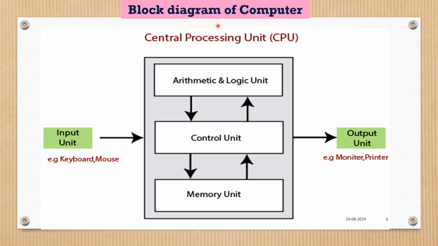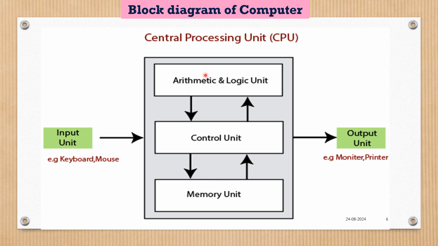A computer has three basic components: the input unit, output unit, and the central processing unit. The main component is the central processing unit. In the central processing unit there are three subcomponents: the arithmetic and logic unit, the control unit and the memory unit.